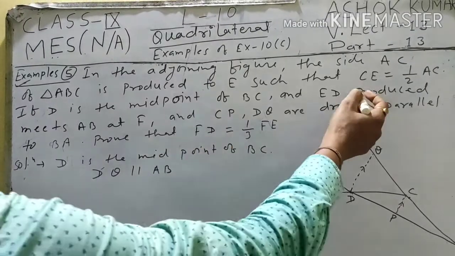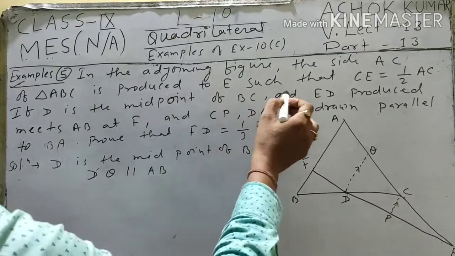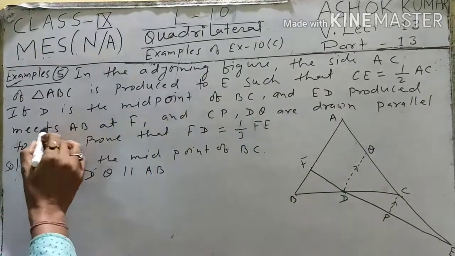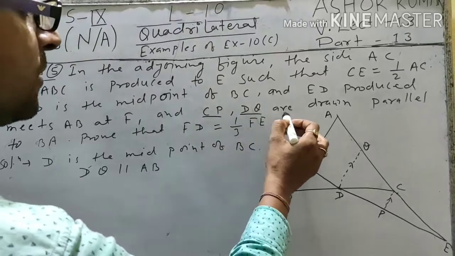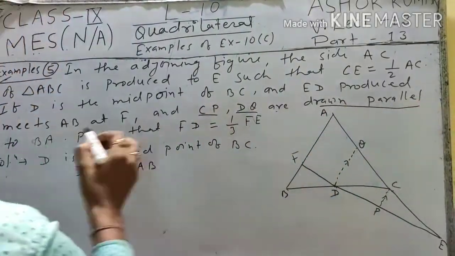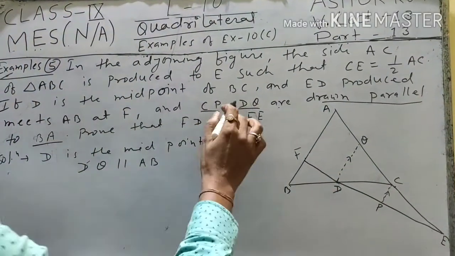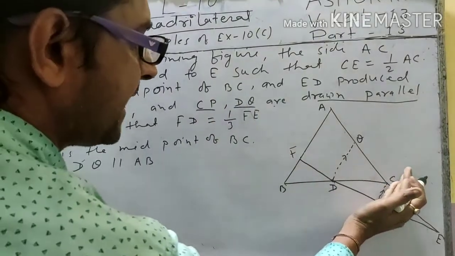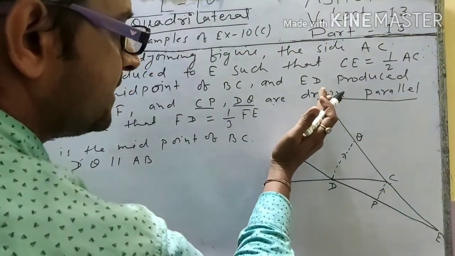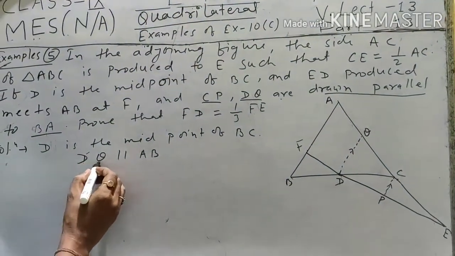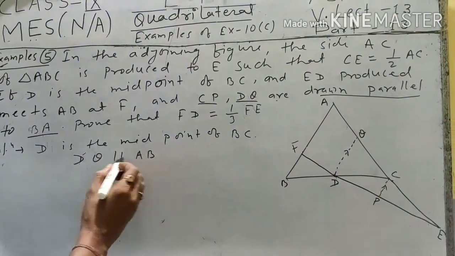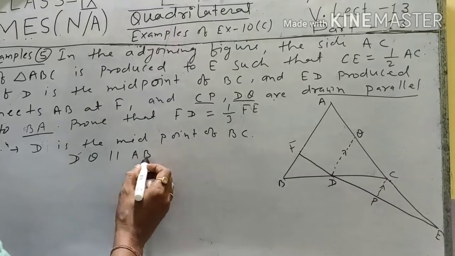Write down: midpoint of BC, and ED produced meets AB at F, and CP, DQ are parallel to BA. That means this side and this side and this side are parallel to each other. So we can write DQ is parallel to AB.